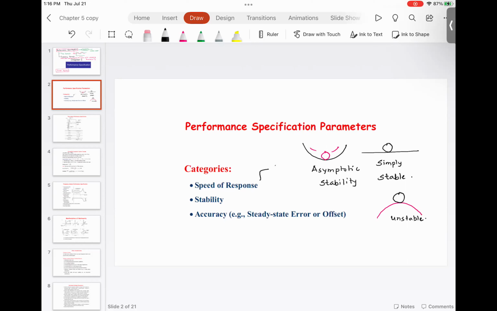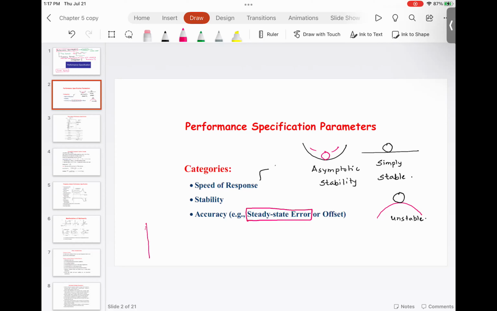So you have these three different types of stability. So we want to know whether the system is stable or unstable. The last thing we are interested in is how accurate the system is. And typically, this is characterized by something called the steady state error.